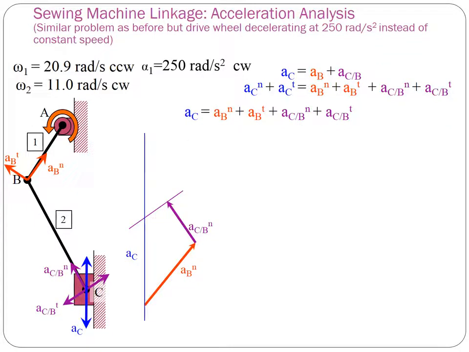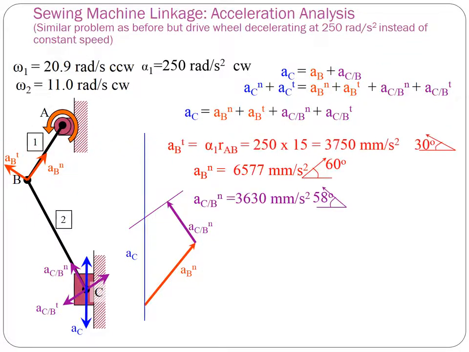So next, we just use the calculation that we have done before. This is the new value ABT, right? So it equals alpha 1 times RAB, or 250 times 15, equals 3750 millimeter per second square at the angle of 30 degrees to the horizontal.